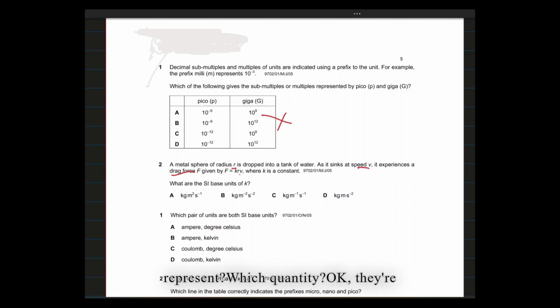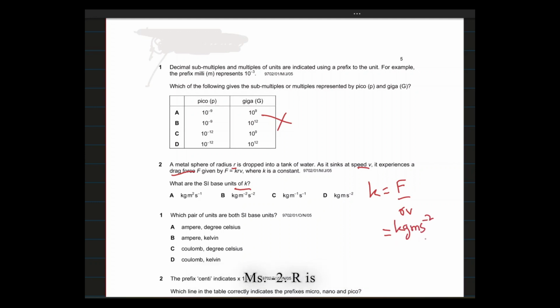They are asking you to find out the SI base unit of K. So K would be F upon RV. We know that F is kg m s minus 2, R is radius meaning meter, V is velocity m s minus 1.